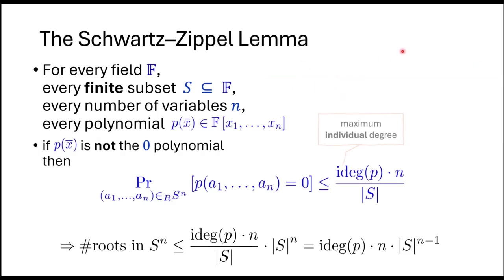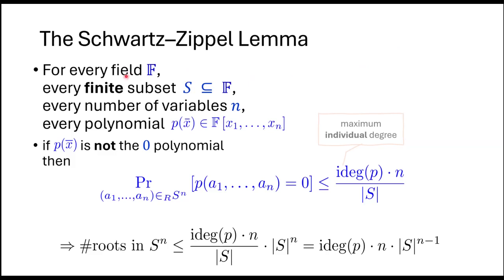Now we come to the main theorem or result that we shall discuss in this work, the Schwartz-Zippel Lemma. This has been known for about 100 years from a work of Ore, and later on from Schwartz, Zippel and other people.